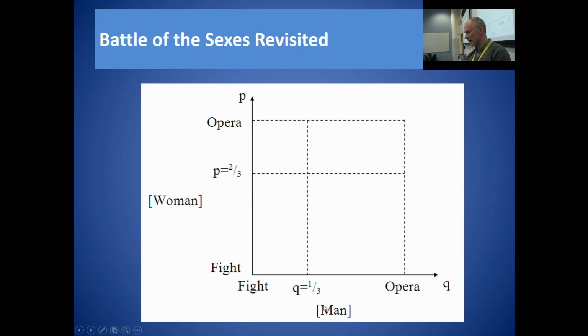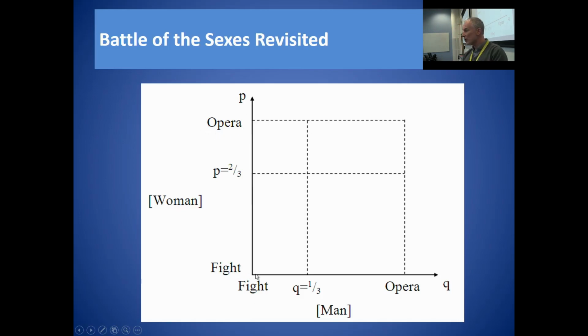And likewise for the man, probability Q, that's Q equals 0, that's Q equals 1 there. And I've just put these labels in to remind us what Q equals 0, or P equals 0, and Q equals 1, or P equals 1 actually mean. For P, probability that the woman goes to the opera. So when P equals 1, it's at its maximum, the woman always goes to the opera.